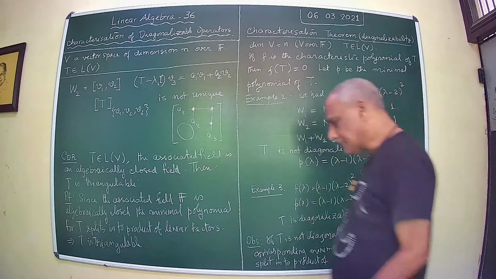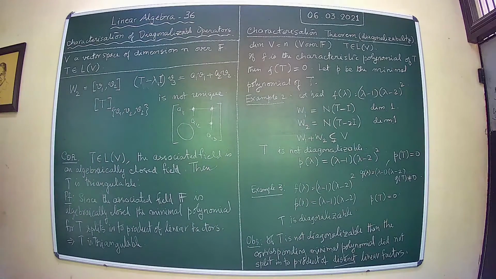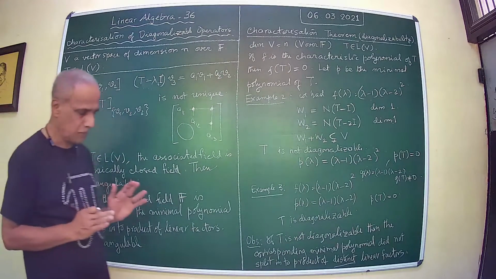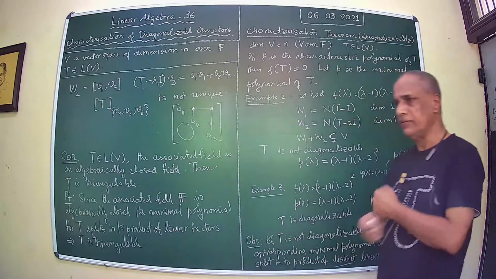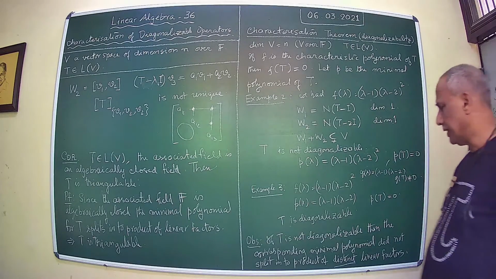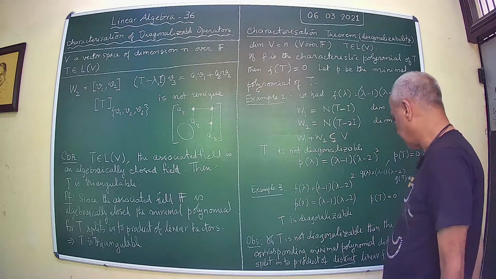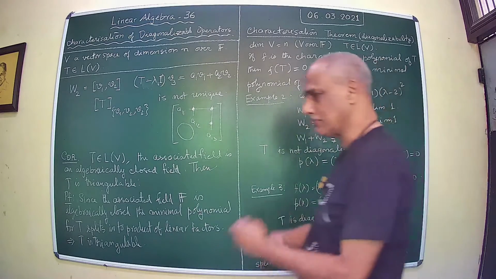So, what one would conjecture at this stage is that T is diagonalizable if and only if the minimal polynomial splits into the product of distinct linear factors. Now this is a theorem that we want to do.